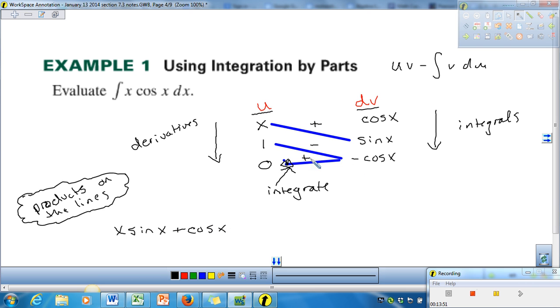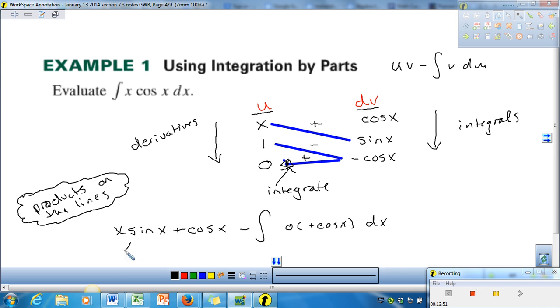And then we will have minus negative times a positive, the integral of 0 times negative cosine x dx. Sorry, I took care of the negative already. Well, what is the integral of 0? What's the antiderivative of 0? C is a constant.